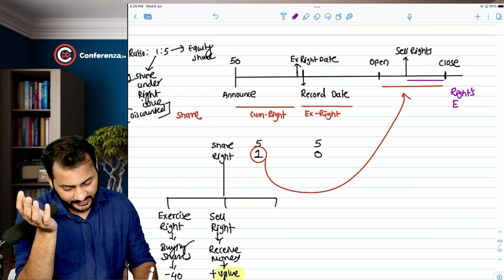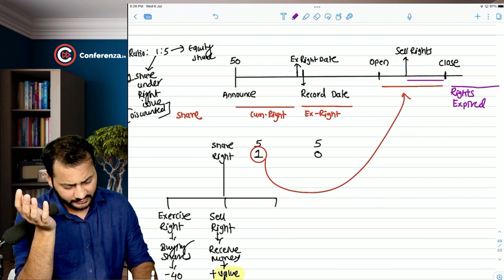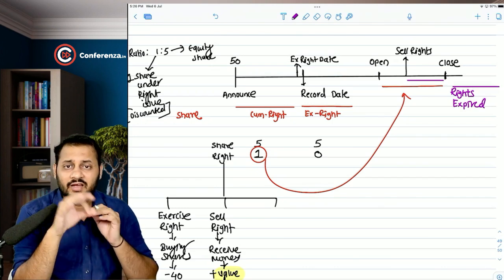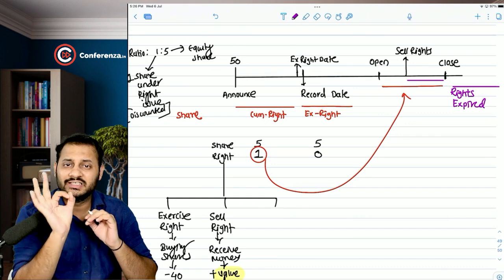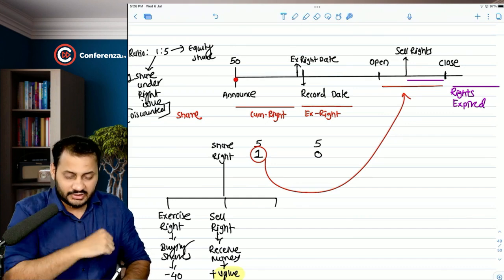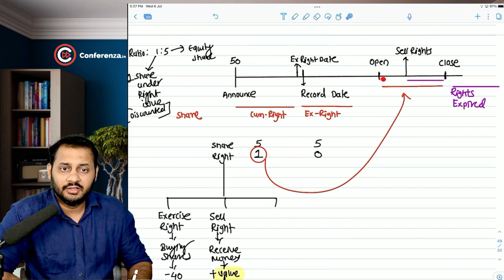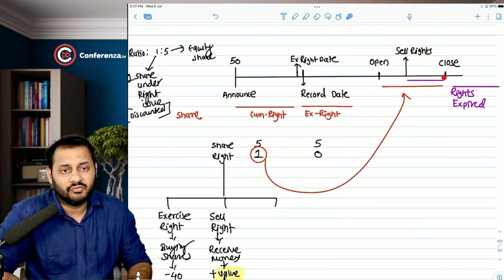We will call it rights expired. After this date, it will have zero value. From this point till this point, the rights will have value, but after that it will have zero value.